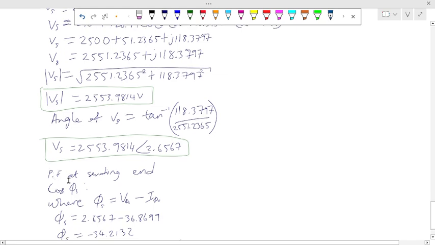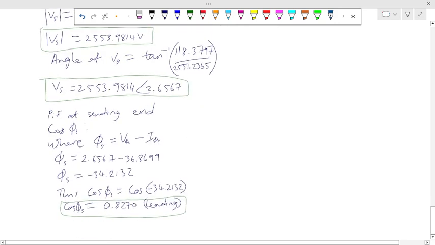And then the power factor at the sending end, of course, is exactly the same process: the phase angle of the sending end voltage minus the phase angle of the sending end current, that will now give you this. Now we'll say it's leading. Why?